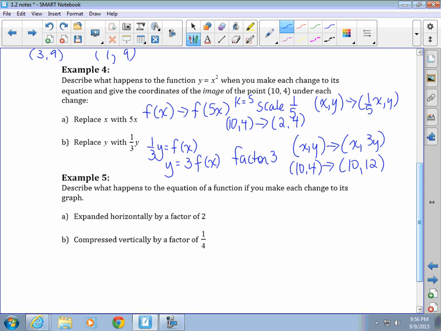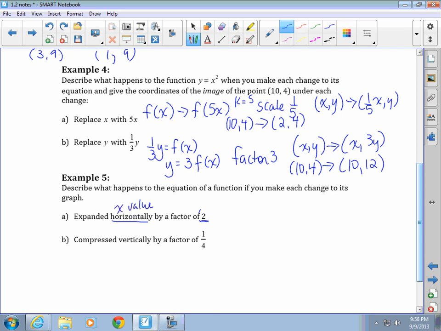Okay, example 5 says, describe what happens to the equation of a function if you make each change to its graph. So if you expand it horizontally, so horizontal means you're making changes to the x value. And if it says it's a factor of 2, then that means you have to do the opposite of that to put it back in.